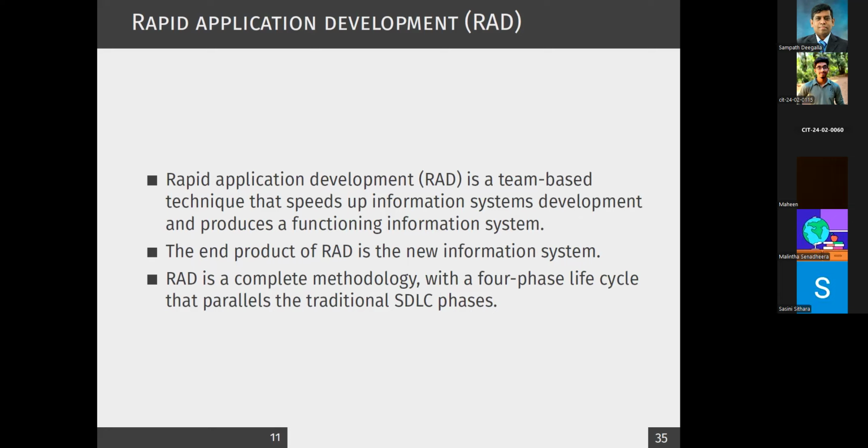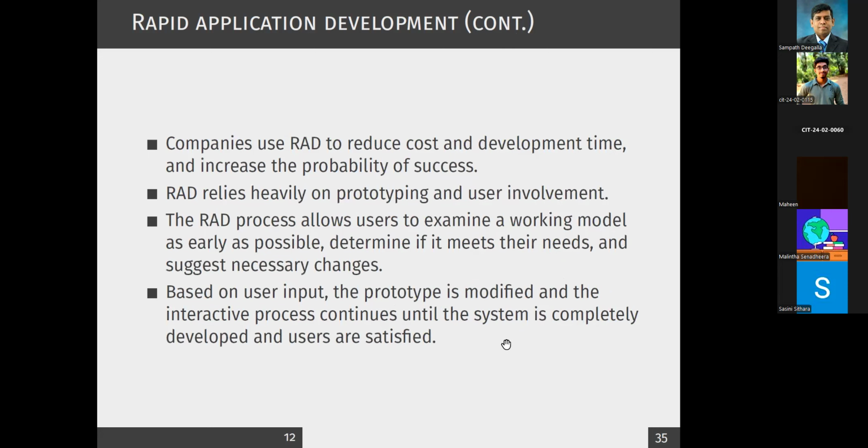So the third one, we talk about rapid application development. As the name says, again, this is a team-based one, and the idea is you need to speed up the information system development, right? So this is again a complete methodology like the system development life cycle, where we have 5 phases, but this one has 4 phases, right?